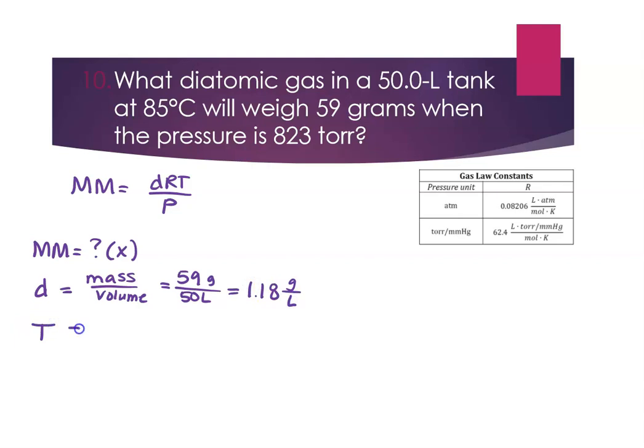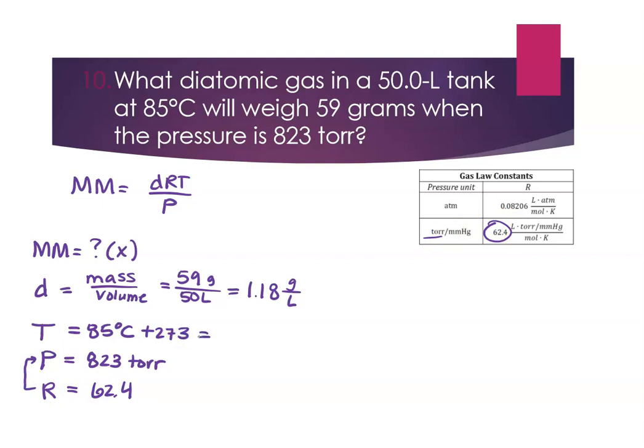All right, and then T is 85 degrees Celsius. P is 823 torr. And then R is based on P, which is torr, so that's going to be 62.4. And then we need to convert Celsius into Kelvin, and we get 358 Kelvin for that.